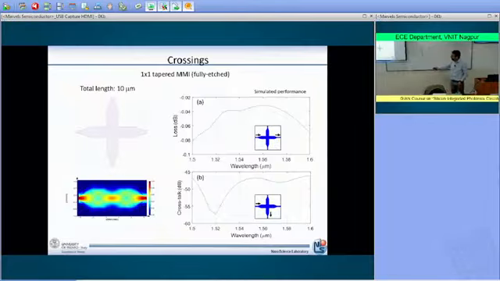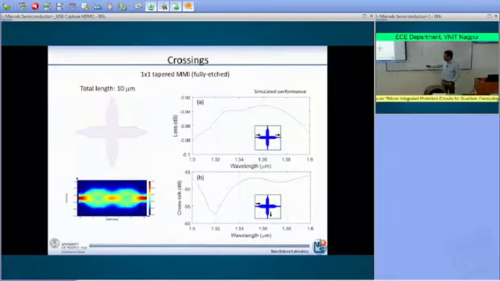And by optimizing the length and the width of this free propagating region, you are able to focus the light exactly in the center. Focusing the light there means that you do not have any light going in this direction or in that direction. So the crosstalk, the amount of light going in the unwanted direction, is lower than 45 dB, so negligible.